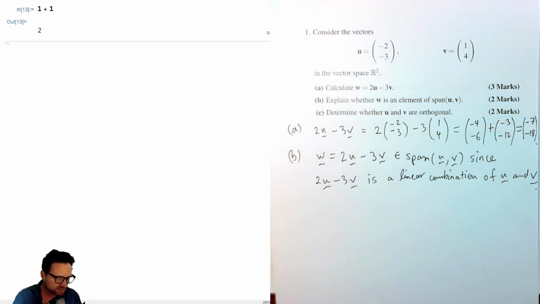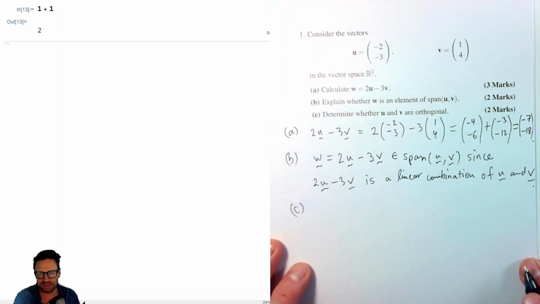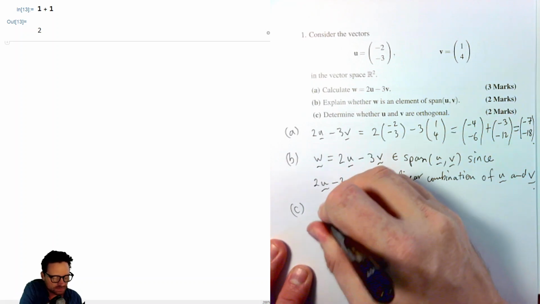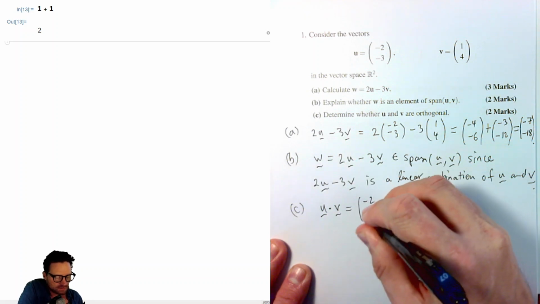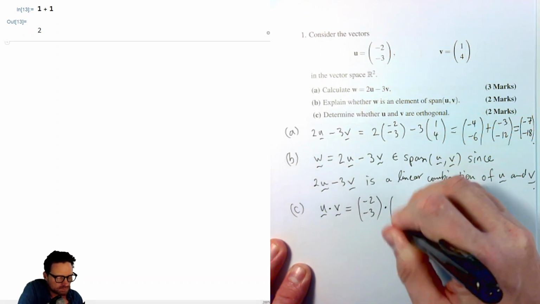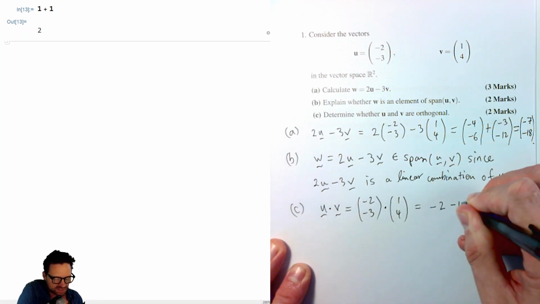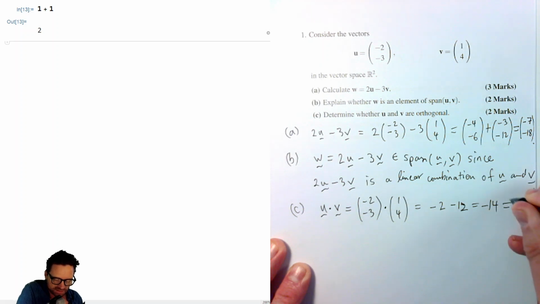Okay, so now part C. Determine whether u and v are orthogonal. Well, what we need to do is take their dot product. And so we get minus 2 minus 12, which is minus 14, and notably that's non-zero.